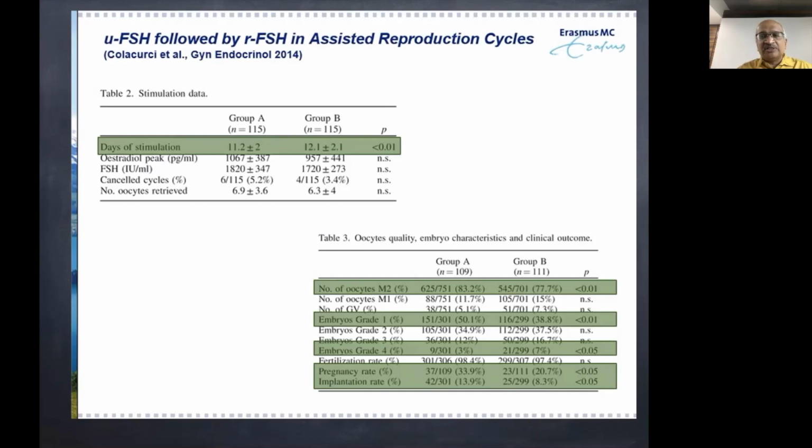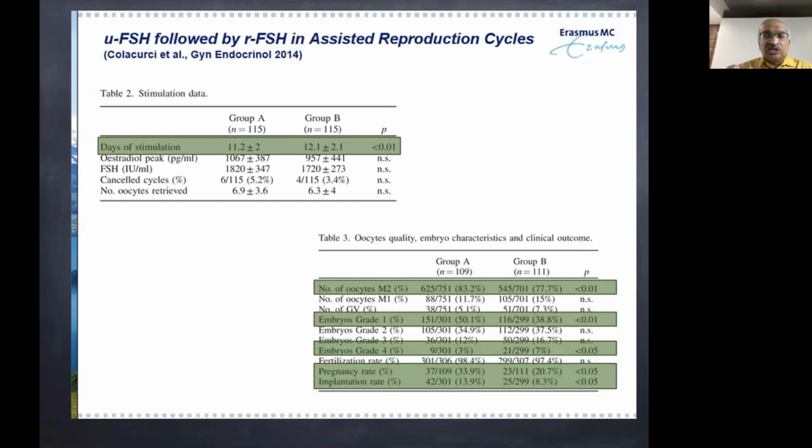So the urinary FSH, having a more acidic form with a longer half-life, was used in the initial part, and the more basic form with a shorter half-life and high potency was used in the later part. And then they noticed an improvement in the embryo grading. Look at the lower table, which says about 50.1% of group A had grade 1 embryos compared to 38.8%, and pregnancy rates are also better with a p-value of 0.05, and implantation rate was good.